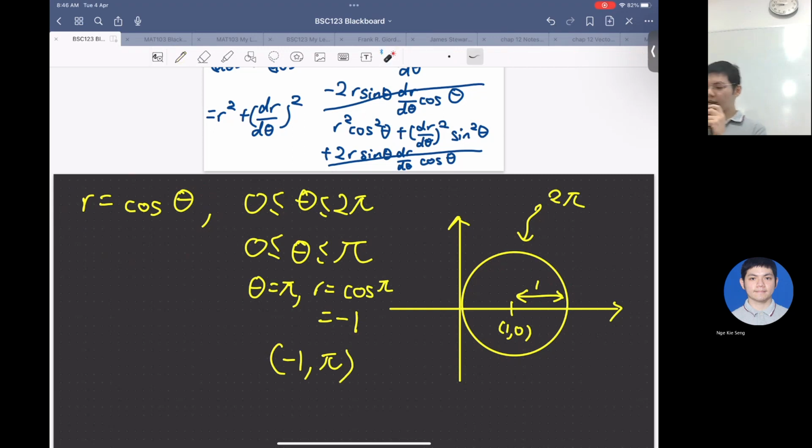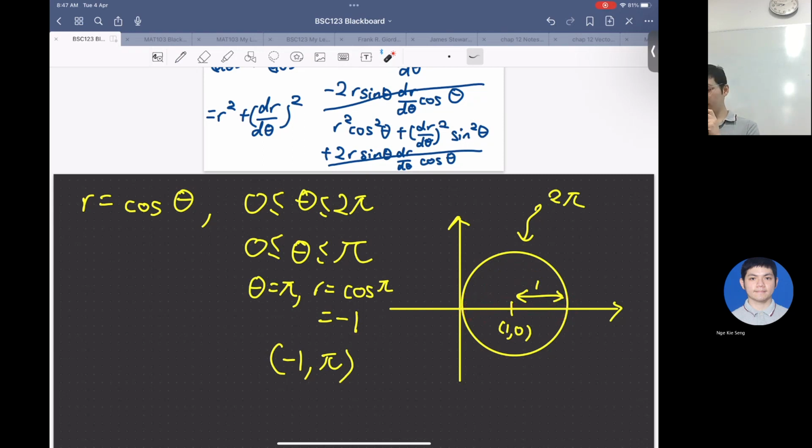How to think about this? You should start from all positives first. So start from 1 at pi. Where is that? It is this direction, because 0, pi over 2, pi, and then 1. But minus 1 at pi switches to the other direction.